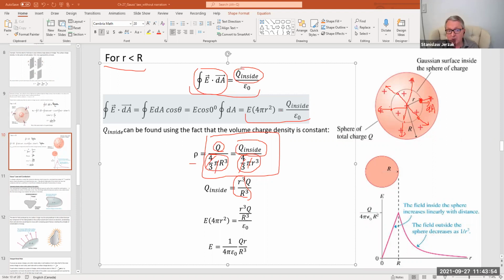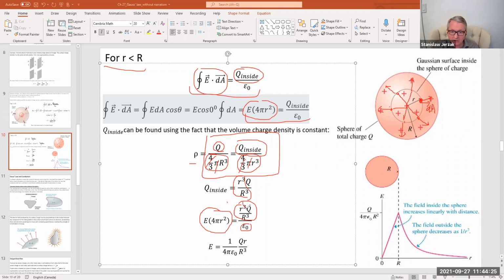I evaluated previously the flux, which was E times 4 pi r squared, and that flux must be equal to the charge inside divided by epsilon naught. So that's the equation from which I can find the electric field. So the electric field would be equal now to Q times... Yeah, first of all, I did not make a mistake.